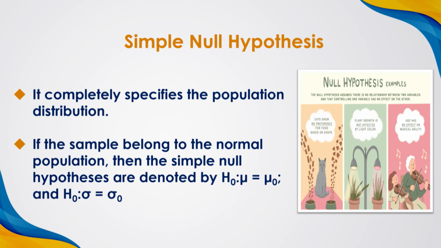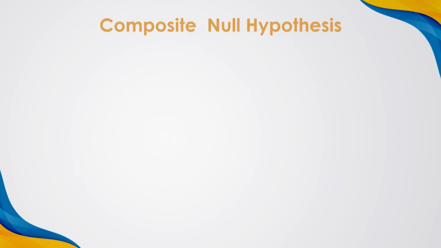If you see H naught such that mu equal to mu naught and H naught such that sigma equal to sigma naught, I am mentioning a normal population having 2 parameters, mu and sigma. Both are mentioned in this statement, and only then do you call it simple, and as they are equation type, the null hypothesis is equation type. Simple means both parameters are covered. So, this is the example for simple null hypothesis.